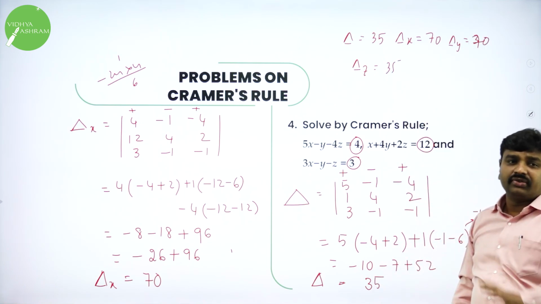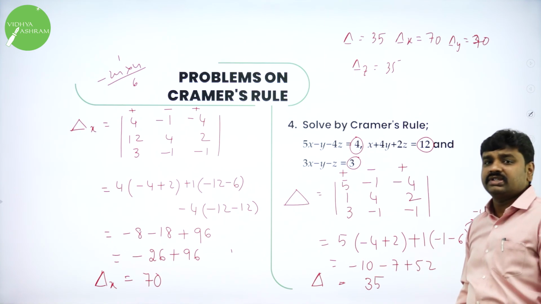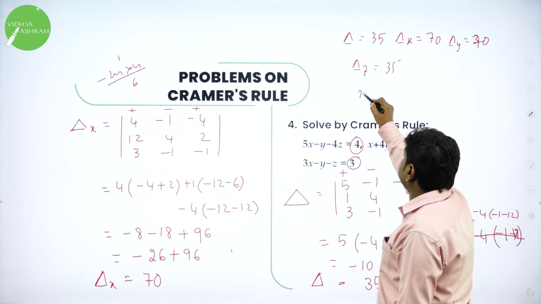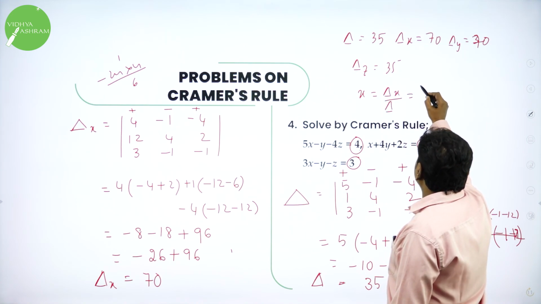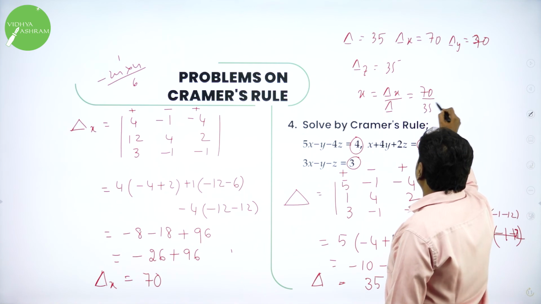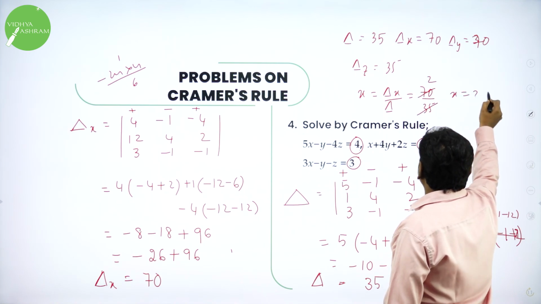So now you know all the values, you know how to find x, y and z. X is delta x by delta, that is 70 by 35, which is 2. So you got x value as 2.